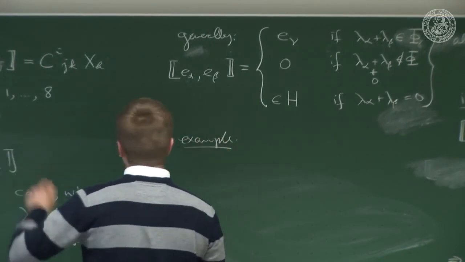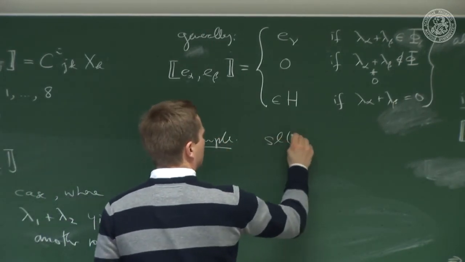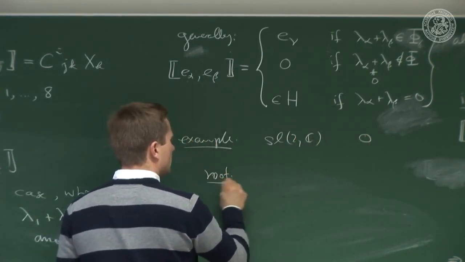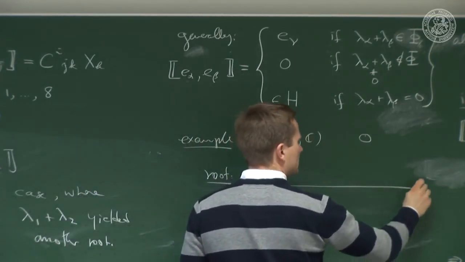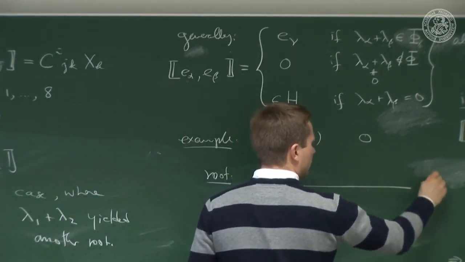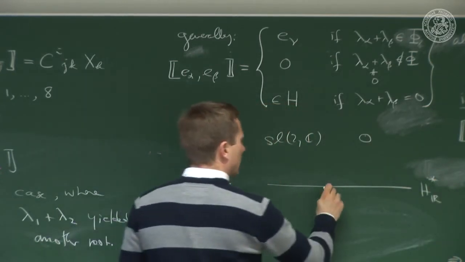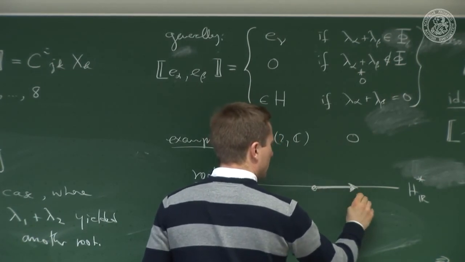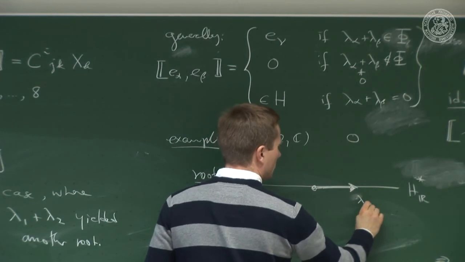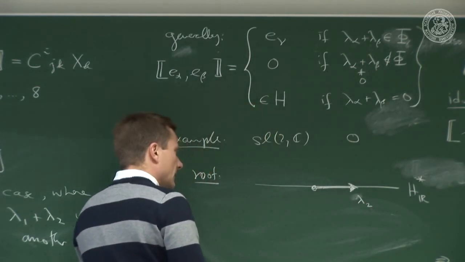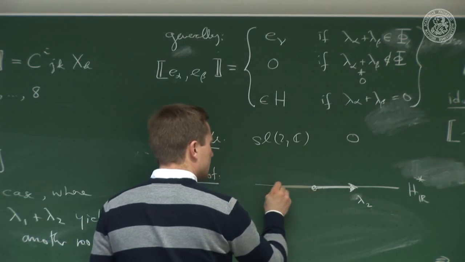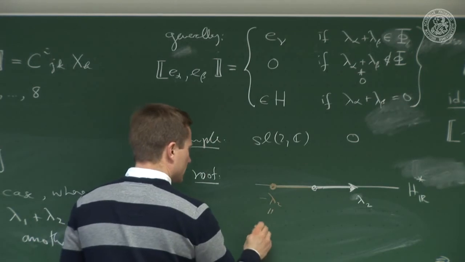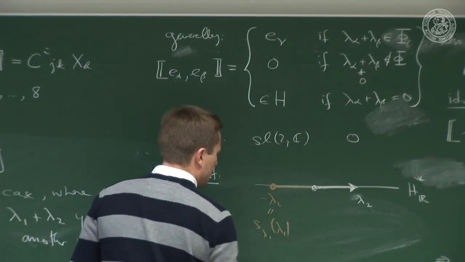And an example we had before that is again simpler was SL2C with this Dynkin diagram and this root space. We didn't draw it at the time, but we know that the root space is one-dimensional, so that's H, well, the realification is real one-dimensional, and we had only one fundamental root, that was this one. That was the fundamental root. At the time it was called lambda 2. Of course, by action of the Weyl group, we get the opposite, we get minus lambda 2, which you could get by S lambda 1 acting on lambda 1.